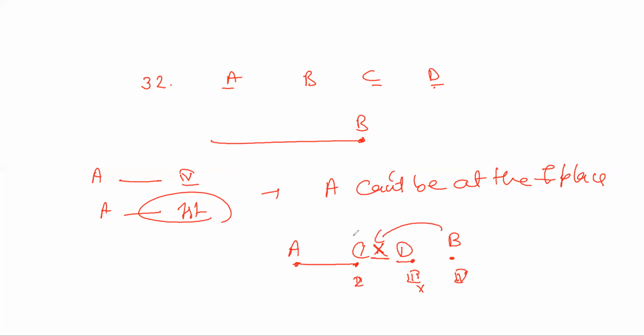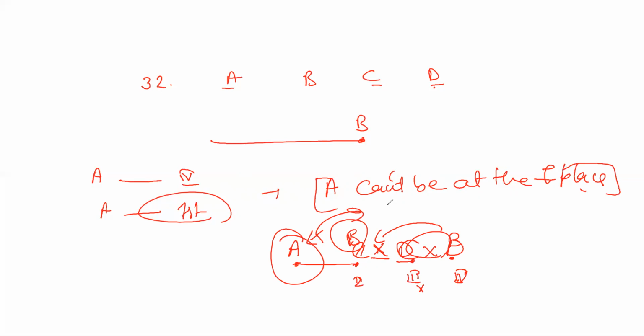So necessarily we have to put B at the second position. Then third and fourth would be C and D, but C and D cannot be put together. So if I put A at the first place, the combinations cannot be made. So this statement was false, and the statement that A cannot be at the first place was true. So this was the right answer.